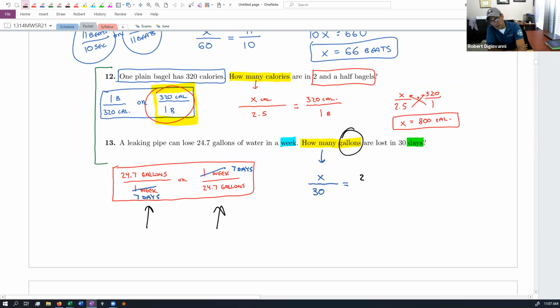The one that has gallons on top. So 24.7 gallons. I'm not doing the units right now. I'm just doing the numbers over 7 days. And then we cross multiply. So 7x equals, on our calculator, 24.7 times 30 gives us 741. And then we divide both sides by 7.